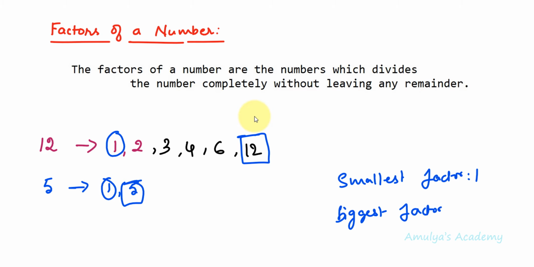So if I want to find out the factors of a number, for example x, then 1 will be the smallest factor of that number and x will be the biggest factor of that number. And we need to search for other factors in the 1 to x range. For example, here for the factors of 12, we need to search from 1 to 12. Here from 1 to 5. So the range to check for the factors is 1 to the number itself.